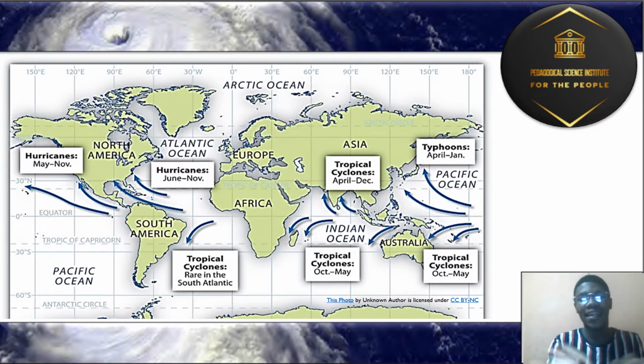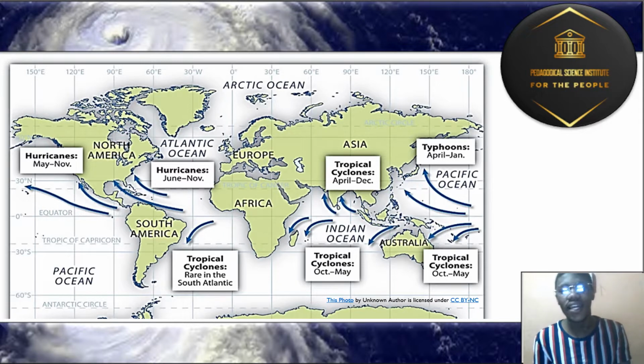And if you look at the diagram over there, it shows us that they occur at different times of the year, and you must know that across the globe they always affect us in late summer, early autumn. So you just have to work around the dates. If they gave you a case study kind of question, you need to work with that and try to rationalize in which hemisphere it is, depending on what time of the year it is affecting us. So let's also look at a cross section of how you identify these systems.